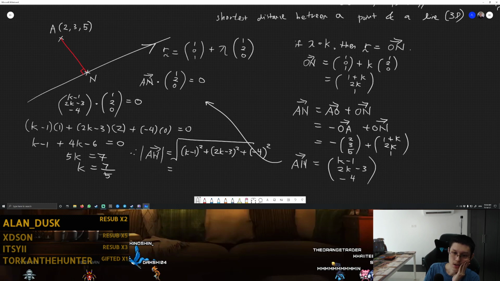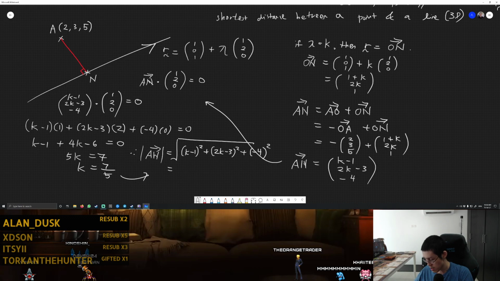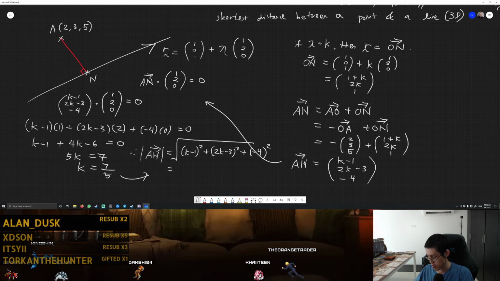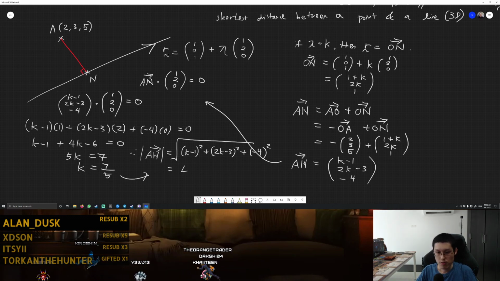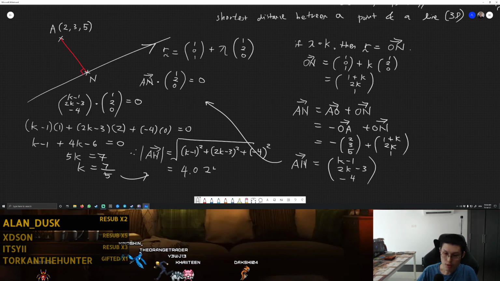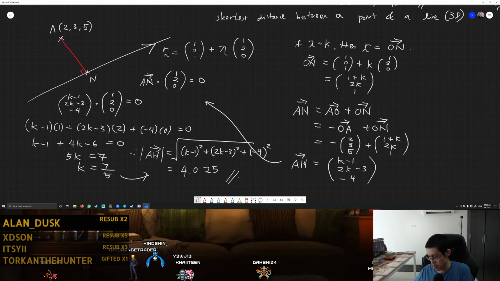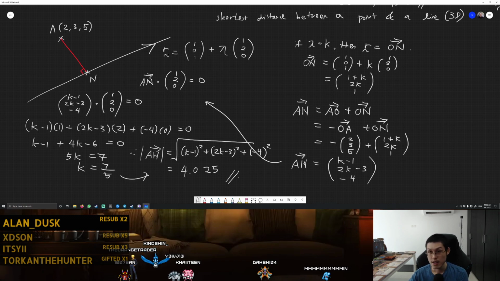We know what k is, so we can just substitute that in here and put that into the calculator. So the square root of that gives me 4.025. There we go. We've found the shortest distance between the point and the line. And done.